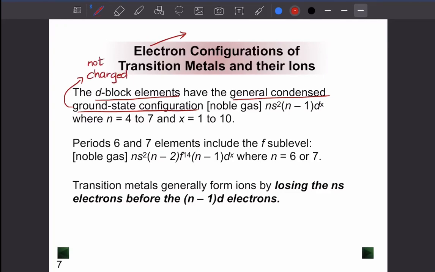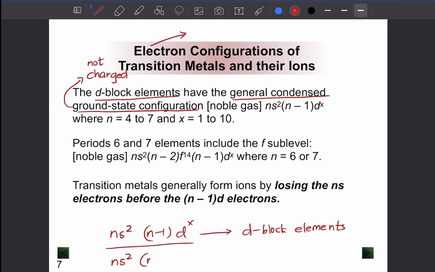The general configuration for d block elements is ns2 (n-1)dx. For f block elements, the general configuration is ns2 (n-2)f14 (n-1)dx.